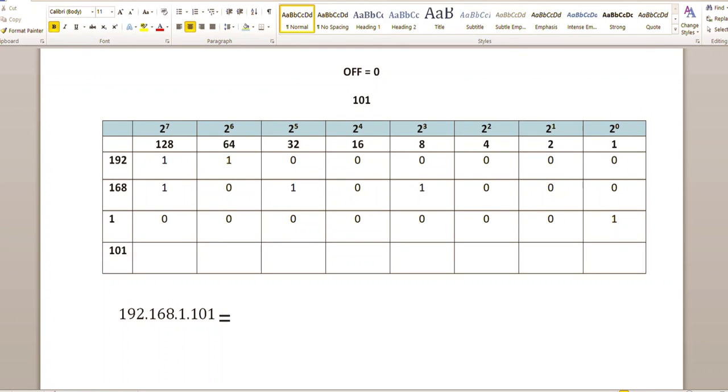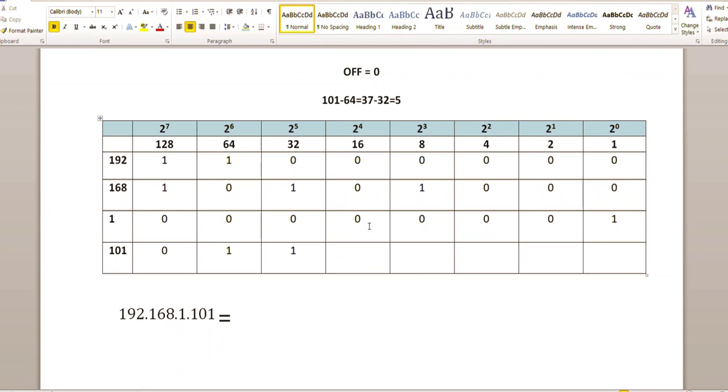101. Can 128 go into 101? No. Off value. Can 64 go into 101? Yes. So we minus. 101 minus 64 will give us 37, and we place an on value. Can 32 go into 37? Yes. So 37 minus 32 will give us a total of 5. Place our on value here.